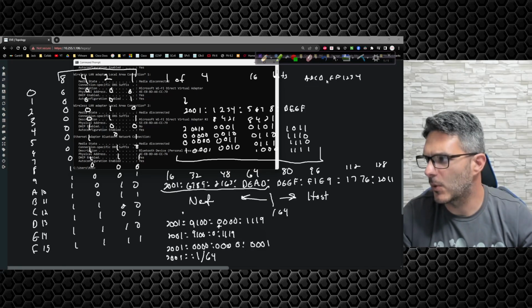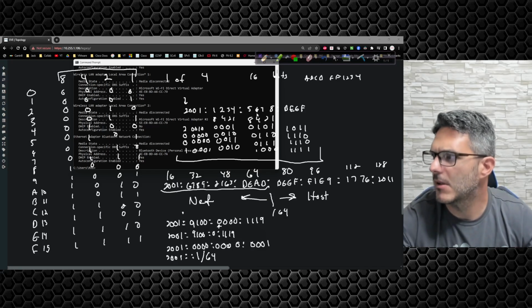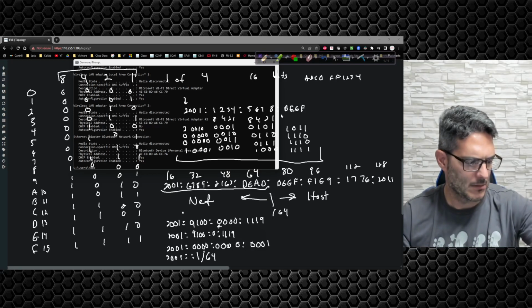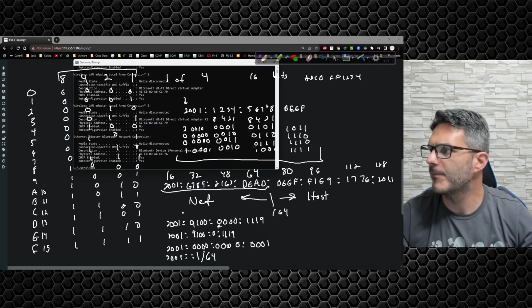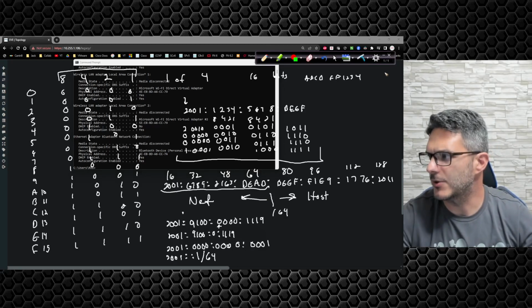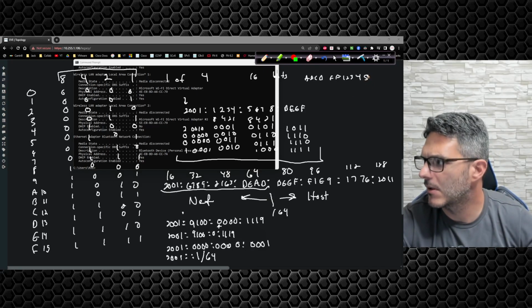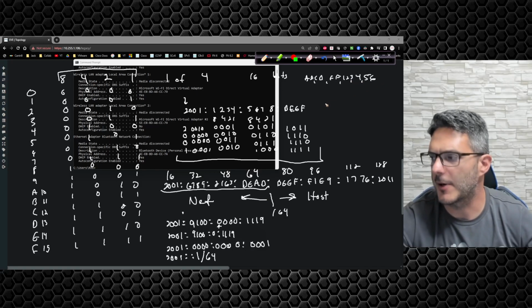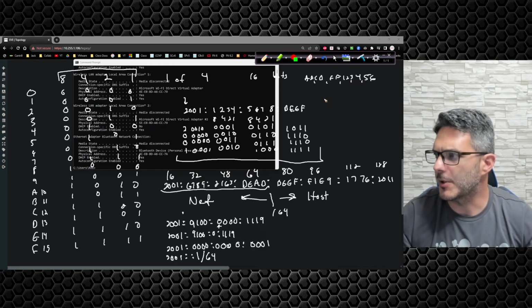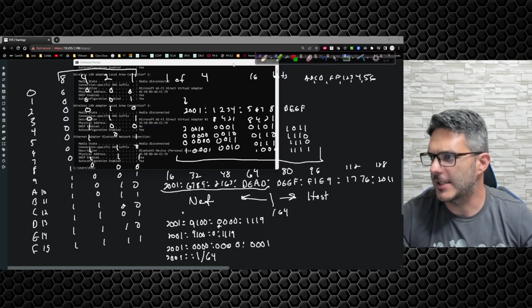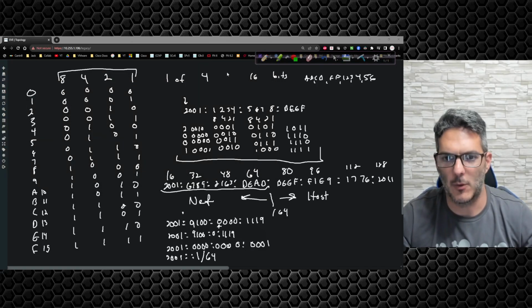I need 5 and 6. So what would end up happening is we'll just do 5, 6. And so it'll be 2, 4, 6, 8, 10, 12. There we go. So let me go ahead and get rid of this. I needed to look at what a MAC address's format was.